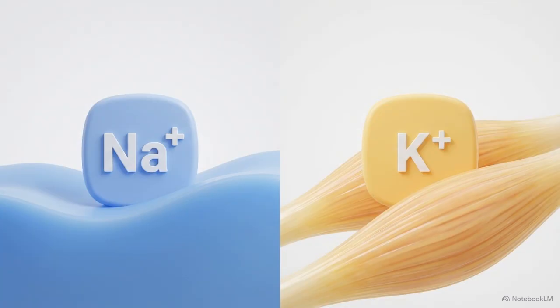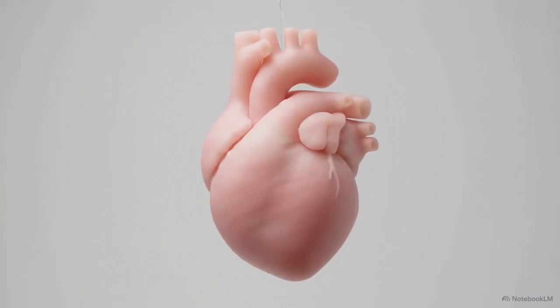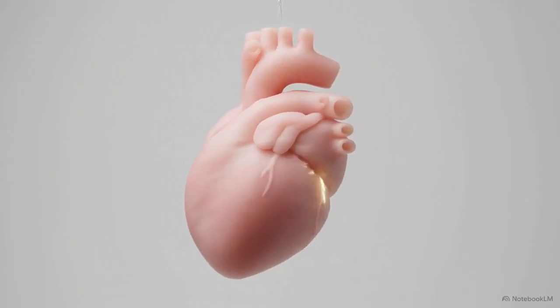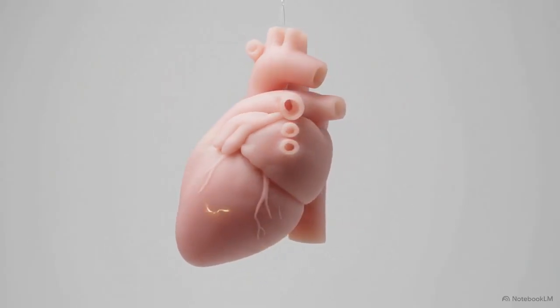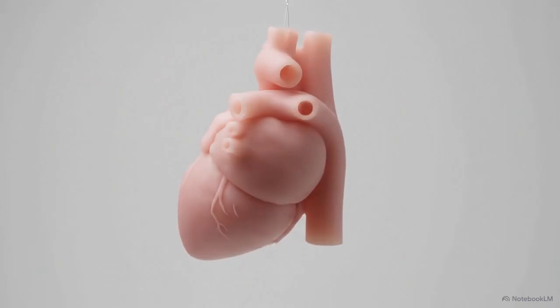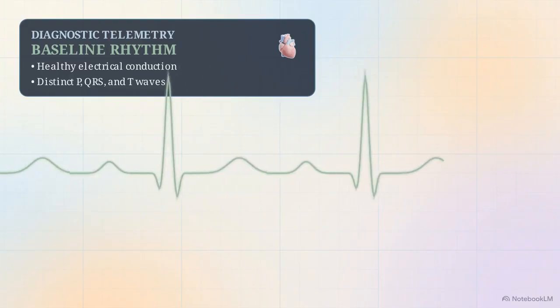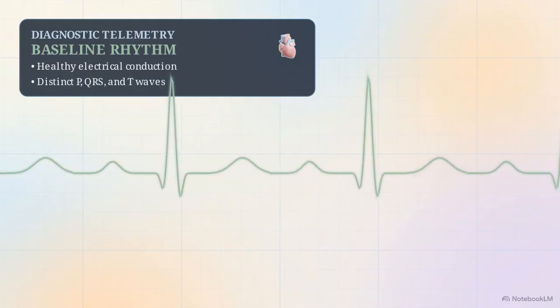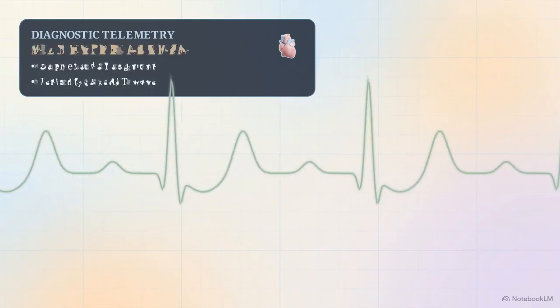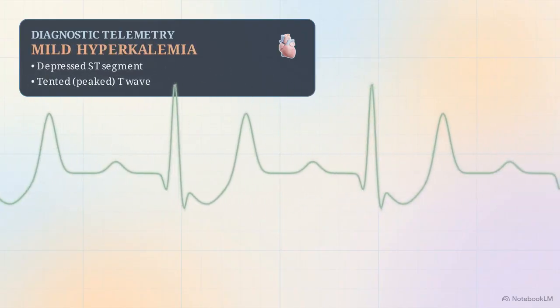While sodium regulates the extracellular space, potassium governs the resting electrical potential of muscle cells. Because the neonatal sodium-potassium pump is relatively inactive, hyperkalemia occurs in half of all infants under 1,000 grams, directly threatening the heart. Potassium toxicity is diagnosed via EKG. We look for a depressed ST segment followed by a tented T wave.